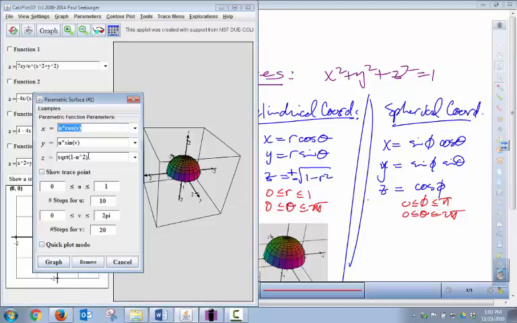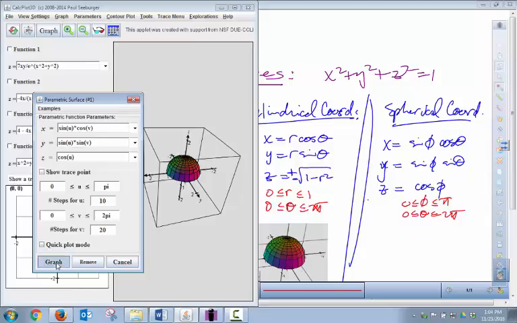So that would be sine phi. I'll let my phi equal u, and then my theta equal v. So phi goes from 0 to pi, and v, which is theta, goes from 0 to 2 pi.